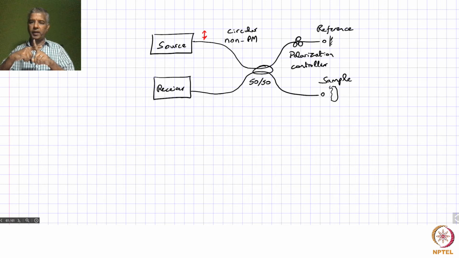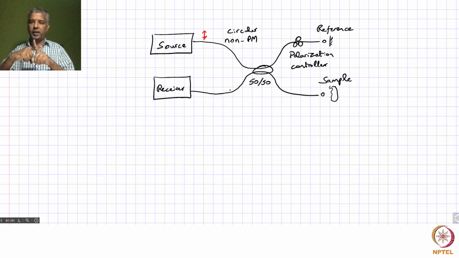The idea is, if you have a combination of a quarter wave plate, half wave plate and a quarter wave plate, this corresponds to 3 paddles. By changing the orientation of those paddles, you can take any polarization and convert it to any other polarization. Okay, so that is the idea. So, essentially you can use a polarization controller such that it matches the polarization from the other arm.